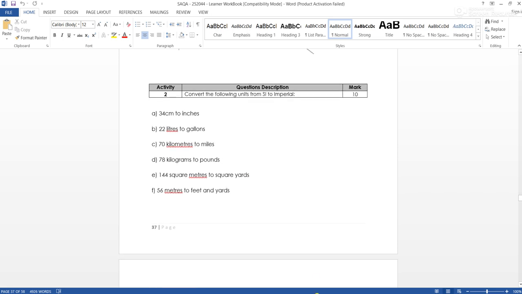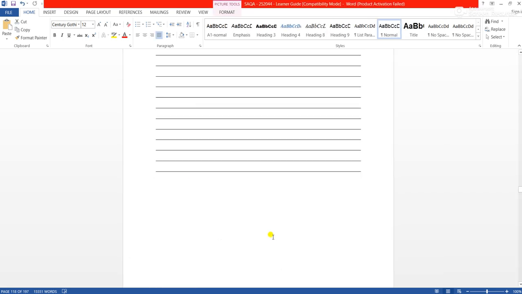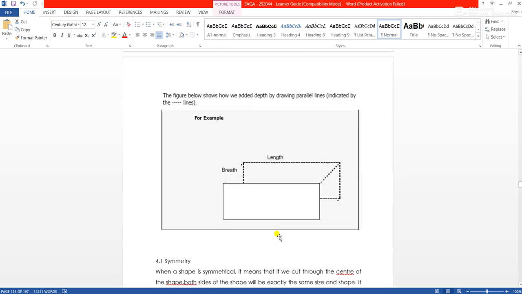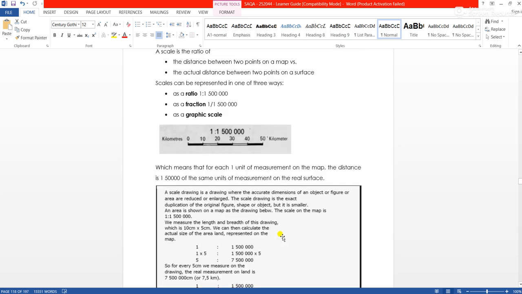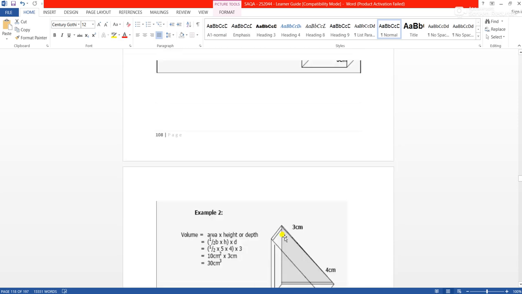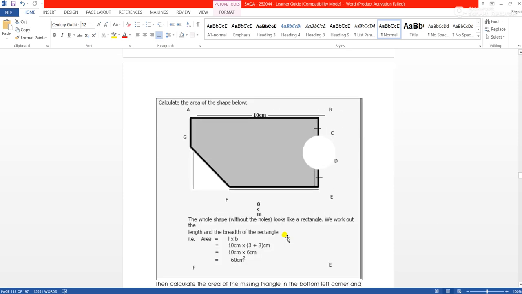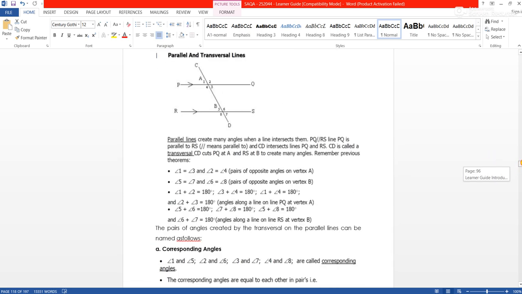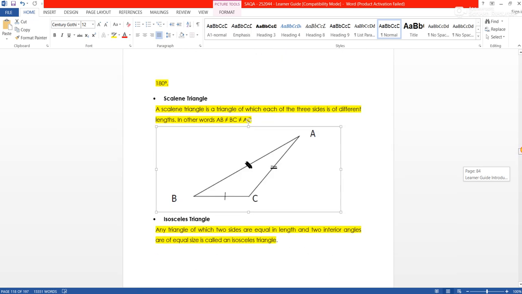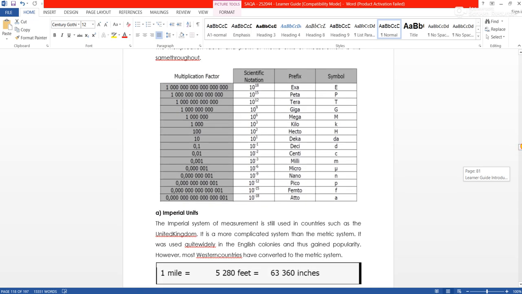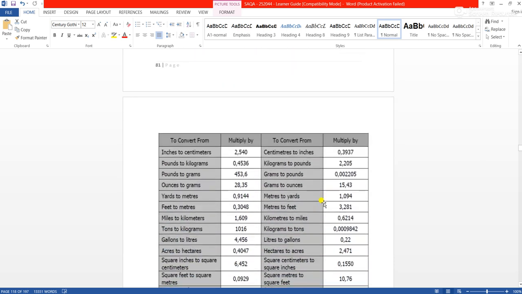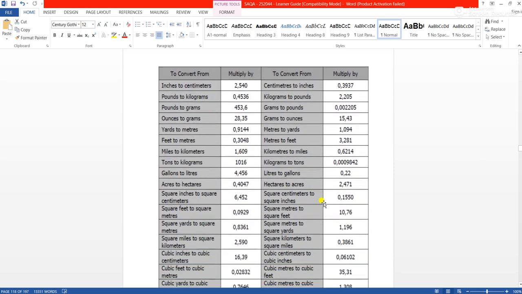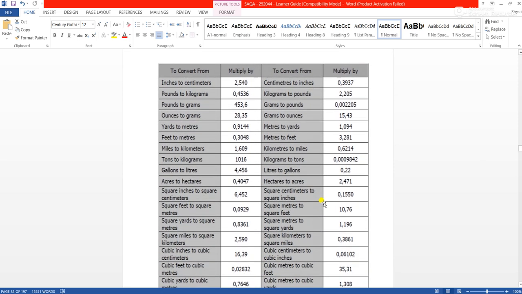On your learner guide, I think it's page 82, there's a table that you'll find. Please go through that.